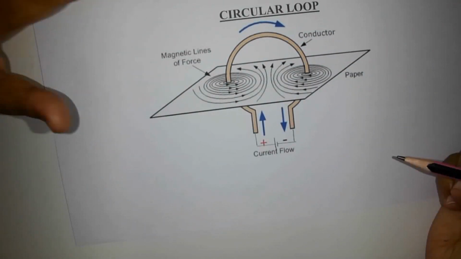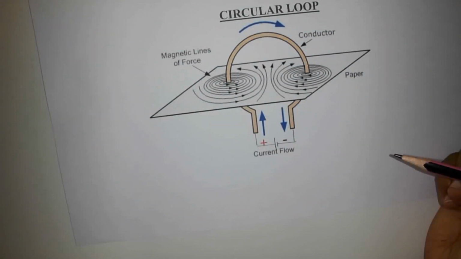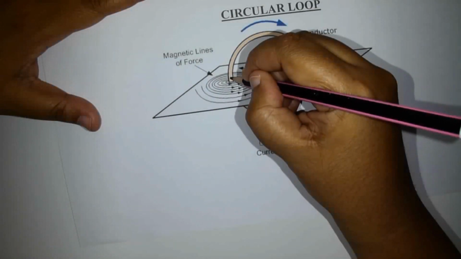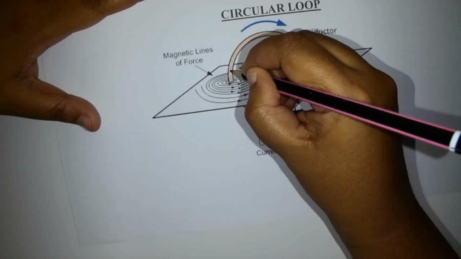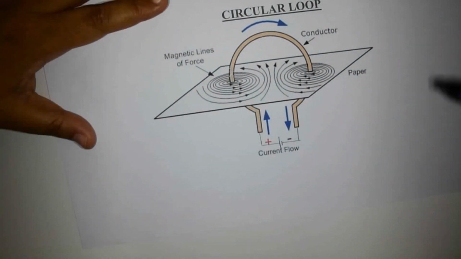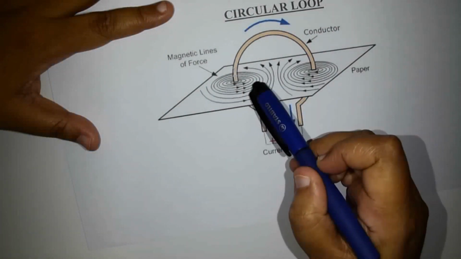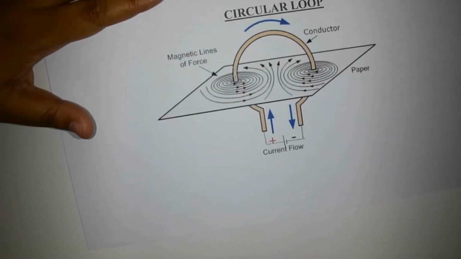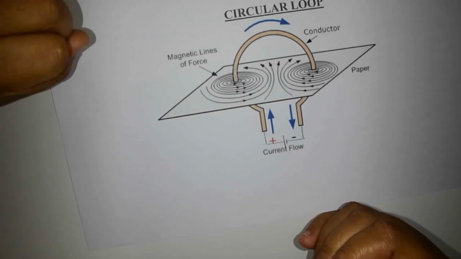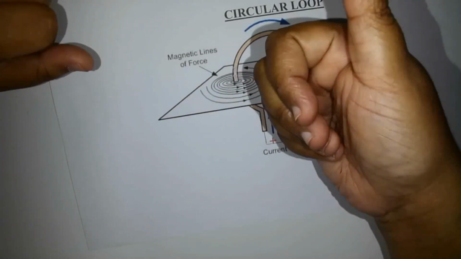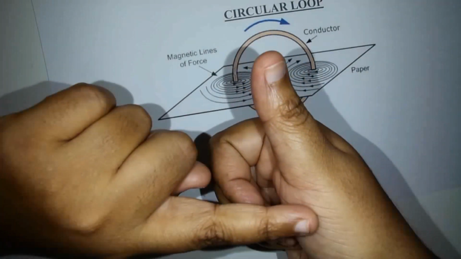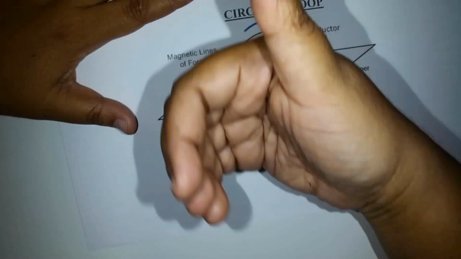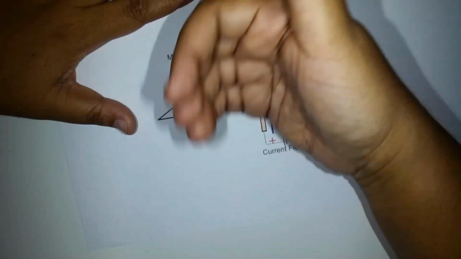So we know whenever there's a current, there's a magnetic field around the current. When the current flows in this direction, there will be a magnetic field line produced around the conductor. How to determine the direction of the magnetic field line is by using the right hand grip rule, where the thumb will point to the direction of the current and the fingers will point to the direction of the magnetic field.